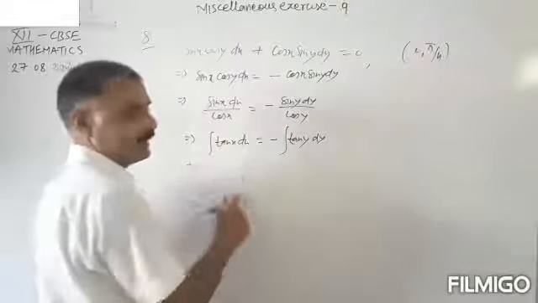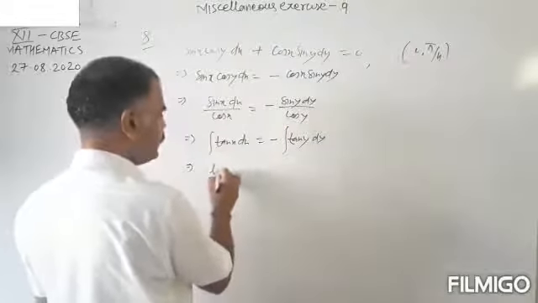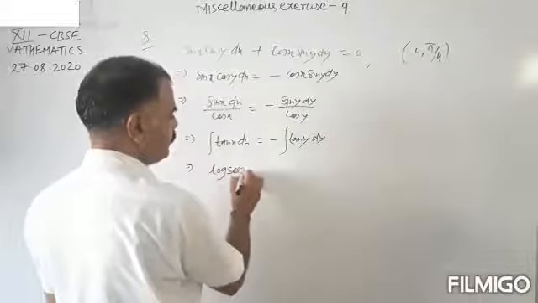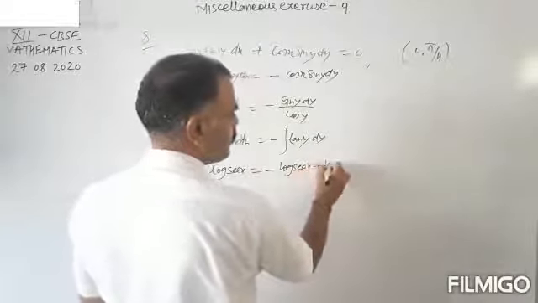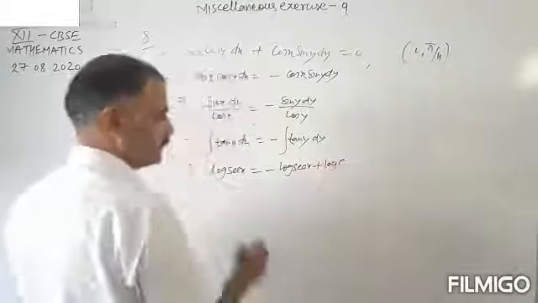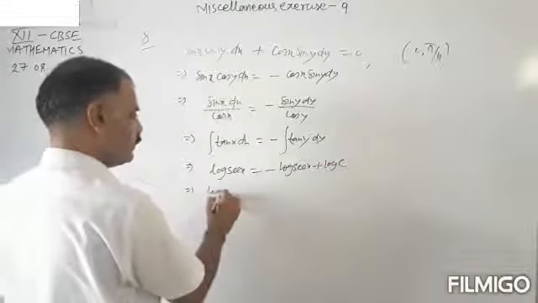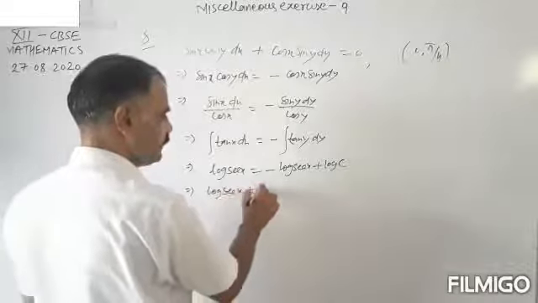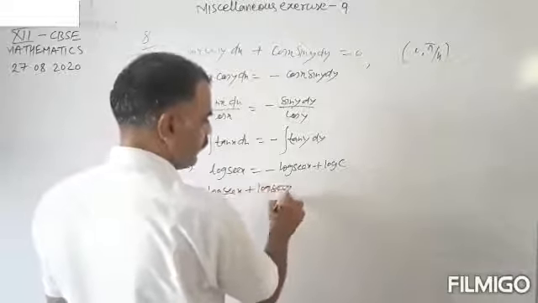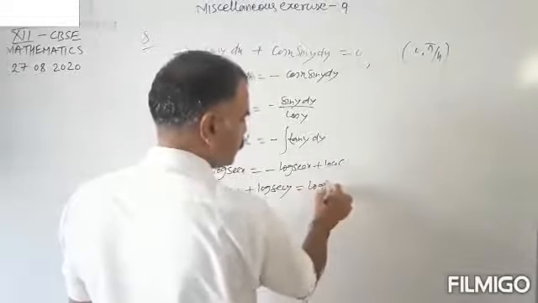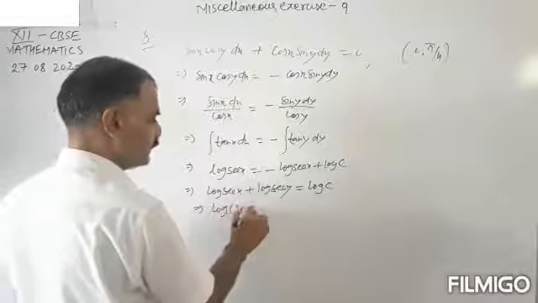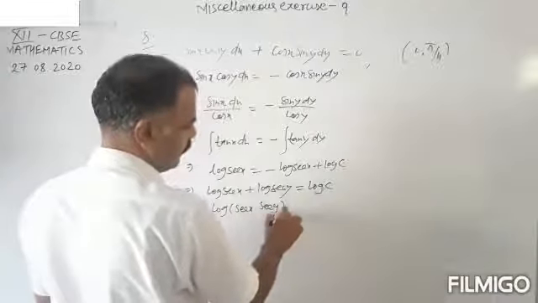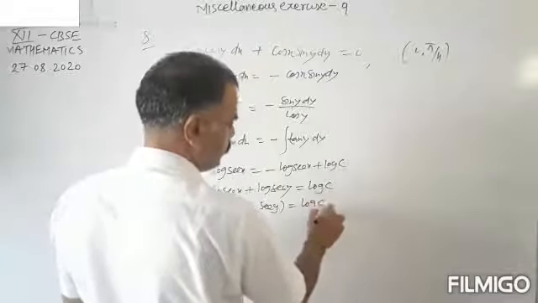So the integration of tan x is log sec x, which is equal to minus log sec y plus log c. So log sec x plus log sec y is equal to log c, meaning log of sec x multiplied by sec y is equal to log of c.